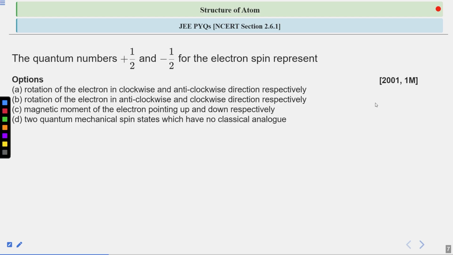Now this one is a very good one, and I have already discussed this spin quantum number in detail, that it has no physical significance at all. It is an intrinsic property. So your time to solve this question starts now. If you are well aware of the theory class, you will easily be able to give the answer.